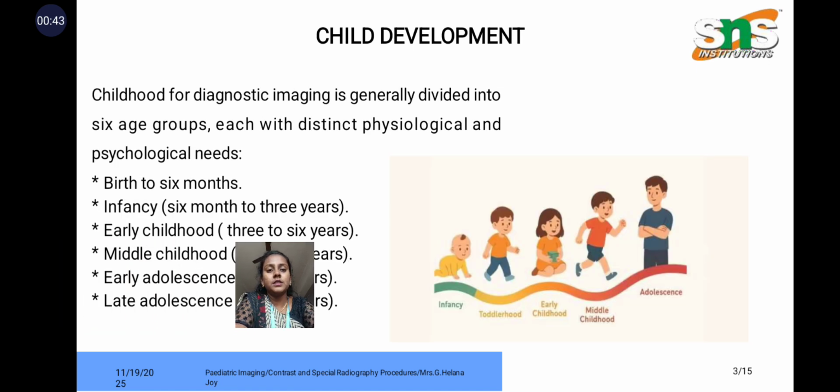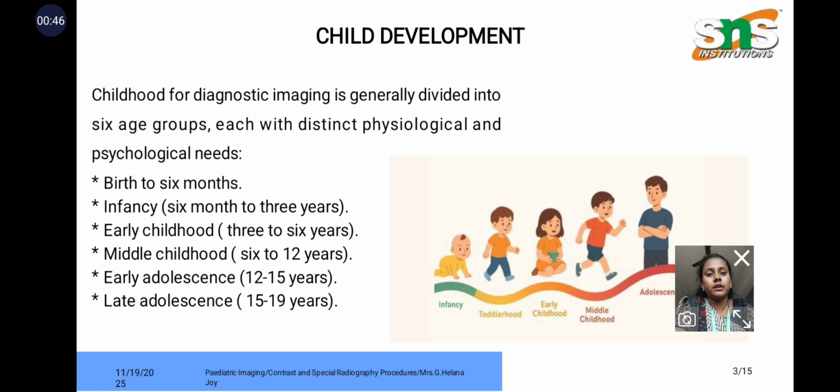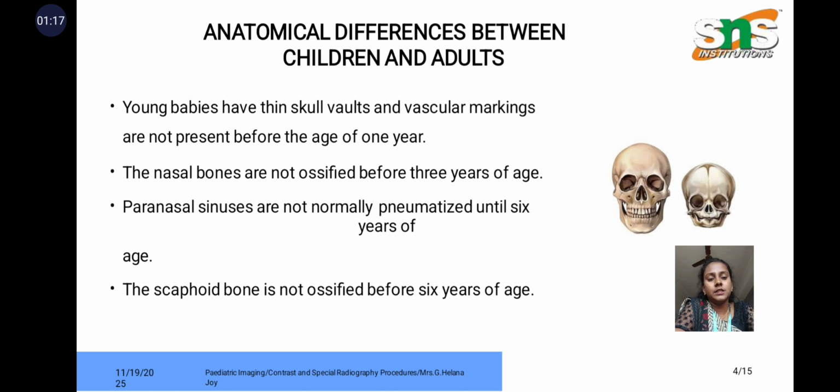So child development is mainly divided into 6 age groups, of physiological and psychological development: from birth to 6 months; infancy, from 6 months to 3 years; early childhood, from 3 to 6 years; middle childhood, from 6 years to 12 years; early adolescence, from 12 to 15 years; and late adolescence, from 15 to 18 years.